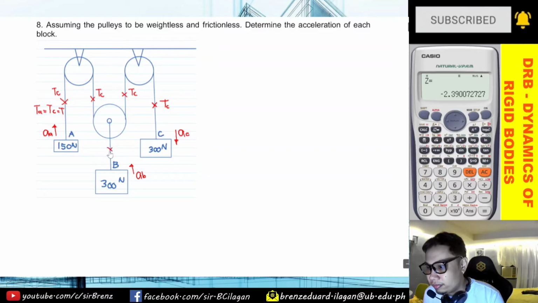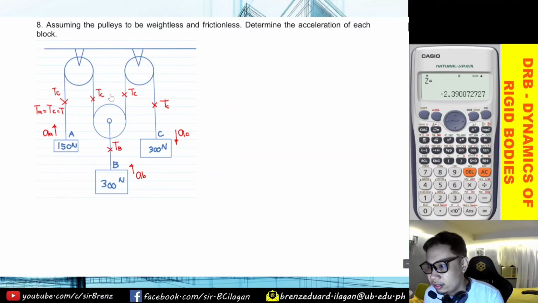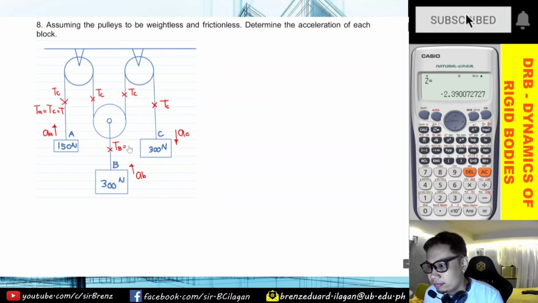Therefore, yung tension at B ko, kung gumawa ka ng free body diagram, may dalawang siya, is equals siya sa 2TC or 2T. Kasi meron pang dalawa dito, ito isa pababa lang.